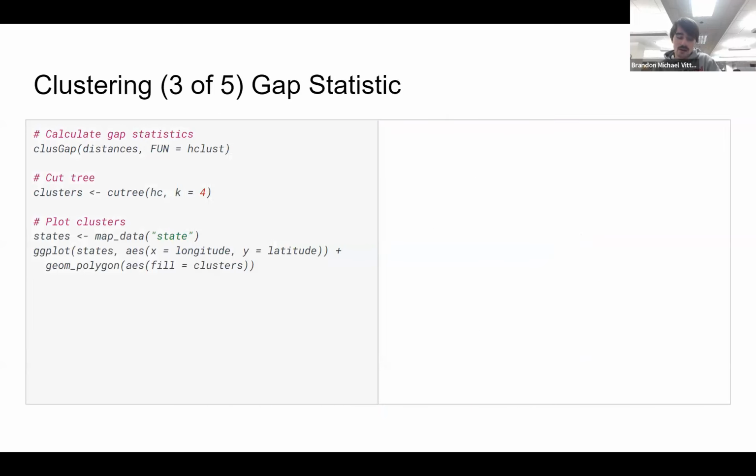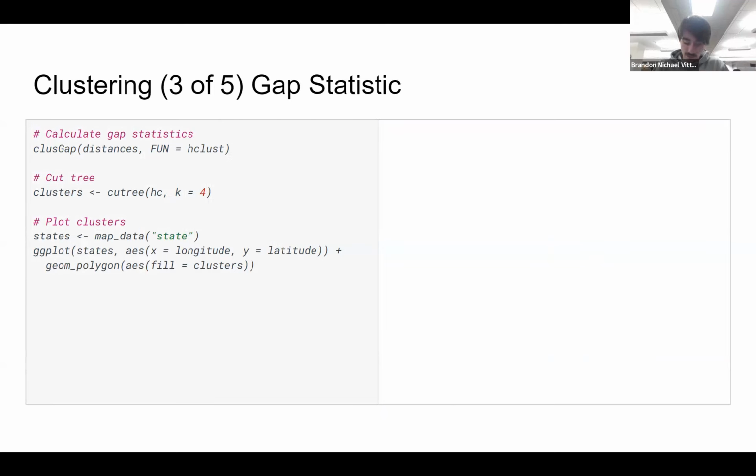So let's take a look at finding the optimal number of clusters. And the way that we're going to do this is by looking at the gap statistic. So the gap statistic compares the within cluster variation with the expected variation under a reference null distribution, which we generate using bootstrapping.